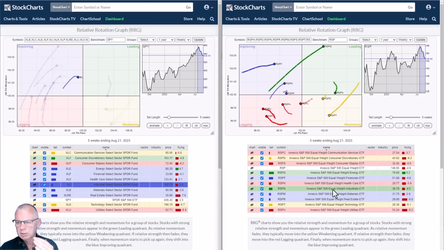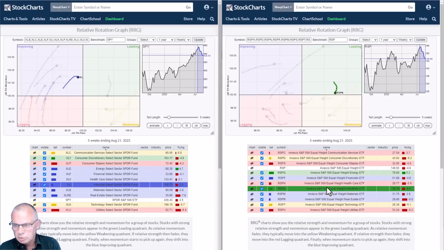This is actually the highest reading RS ratio on the equal weight version. So that's pretty good. But it's losing relative momentum. But here it's losing relative momentum while in an uptrend. And here on the cap weighted version, it's starting to lose relative momentum while in a downtrend.